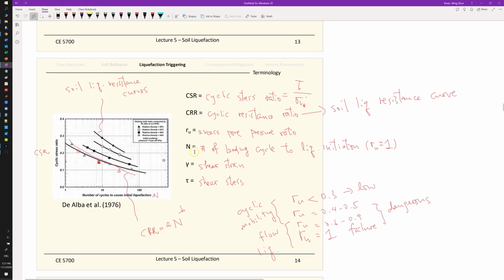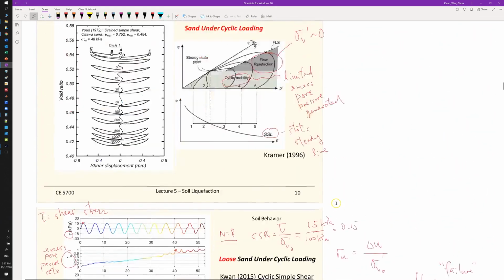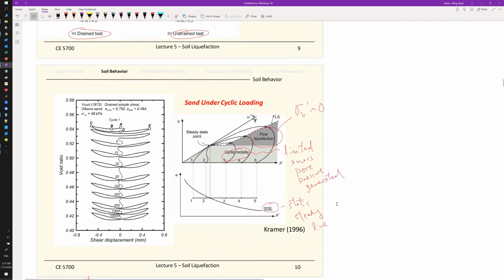Again, cyclic mobility and full liquefaction can be understood from the stress path. When you have cyclic mobility, you're still a little bit far away from the upper portions of the critical state line. But when you get to the full liquefaction area, you're very close to the critical state line.